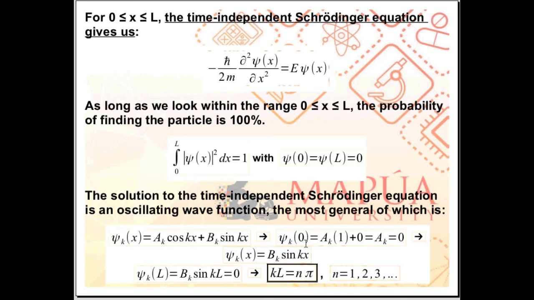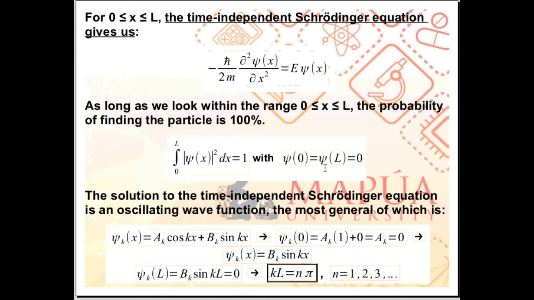Small psi of 0 is equal to a. x is 0, so cosine of 0 is just 1, but sine of 0 is 0. That means if psi of 0 is 0, a is equal to 0. Our equation for small psi therefore simply becomes small psi is equal to b sine of kx.